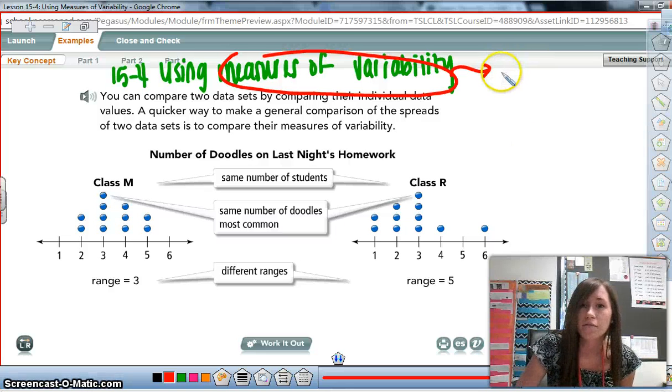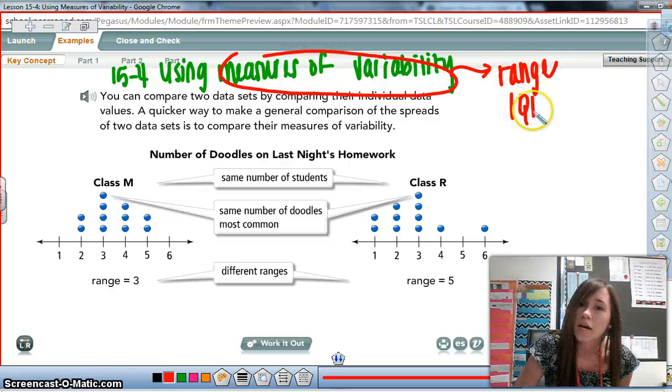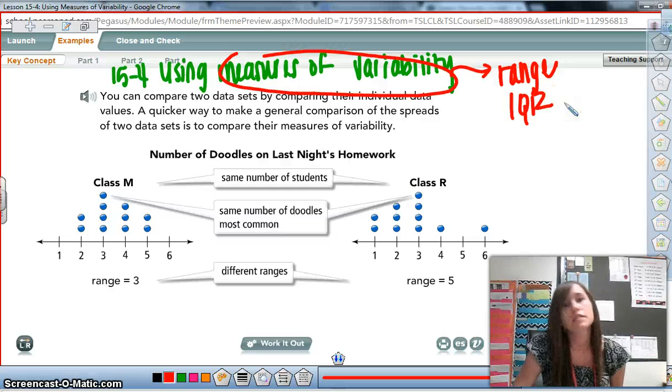The things we learned about in 15-1 that we use to measure variability include range and even interquartile range. Both of these measurements measure how varied or spread out the data is.